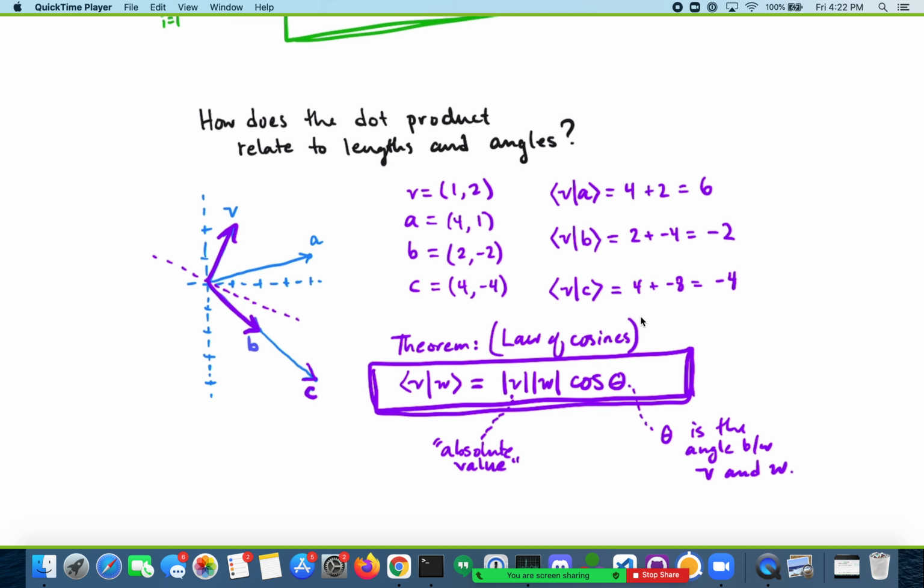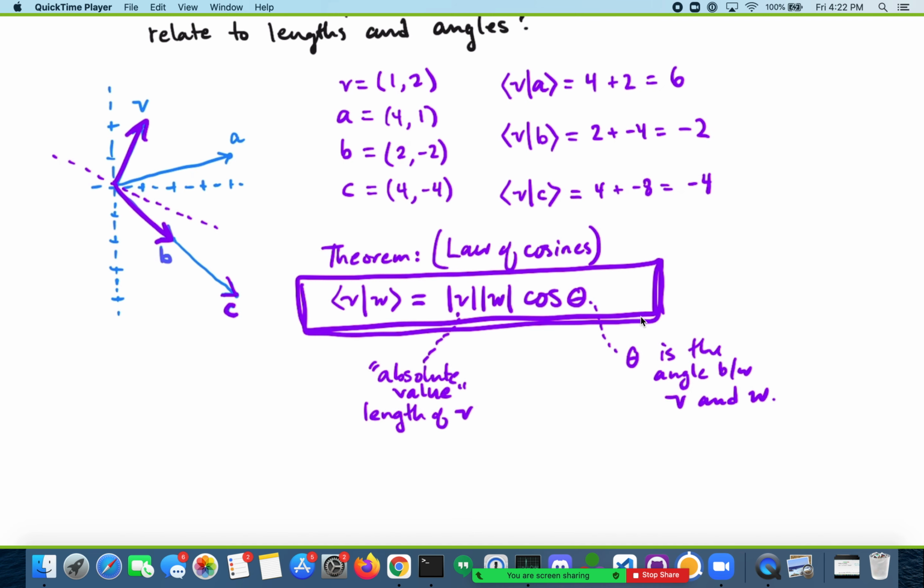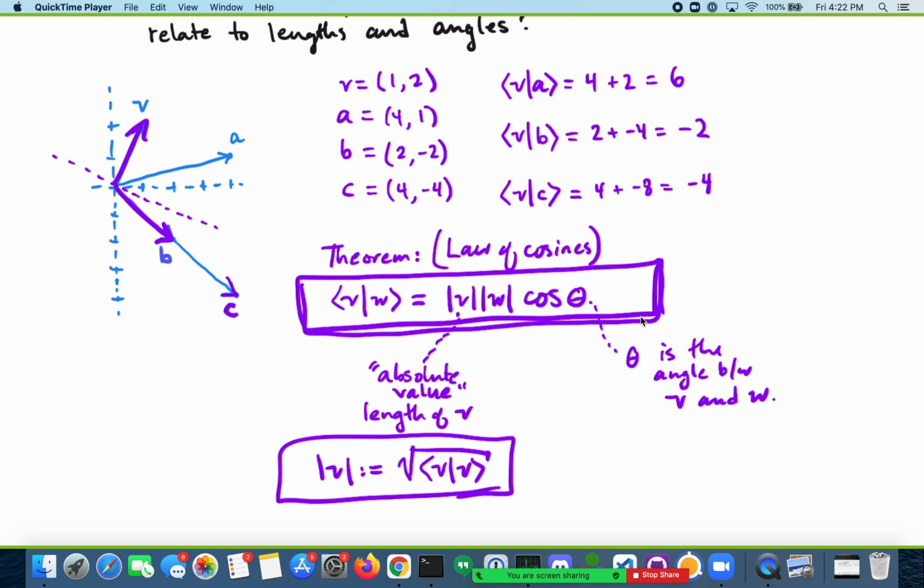It's like the size of V, or really we call it the length of V. So what is the length of V? Well, the length of V is defined to be the square root of V dot V. So we take V, we dot product with itself, and then we take the square root, and that is the length of V. And this actually follows from the Pythagorean theorem.